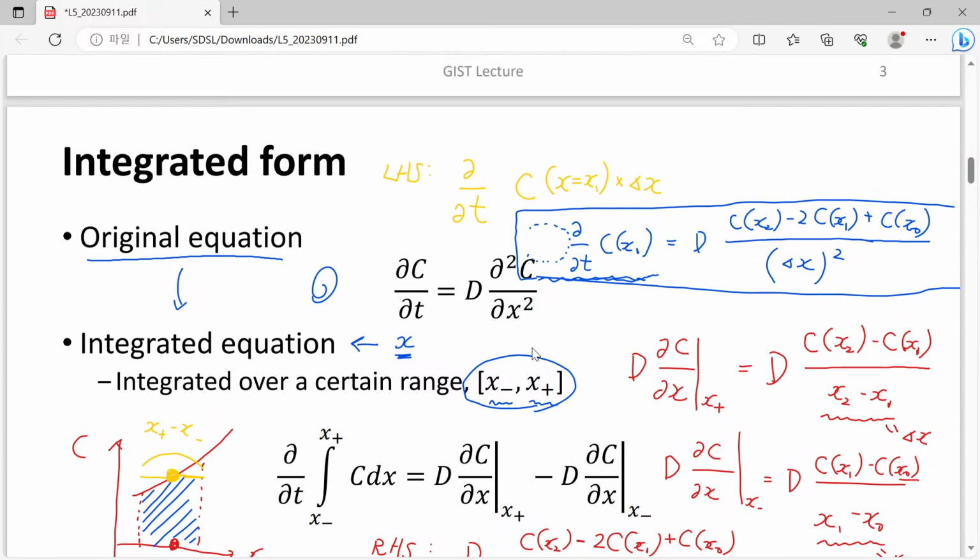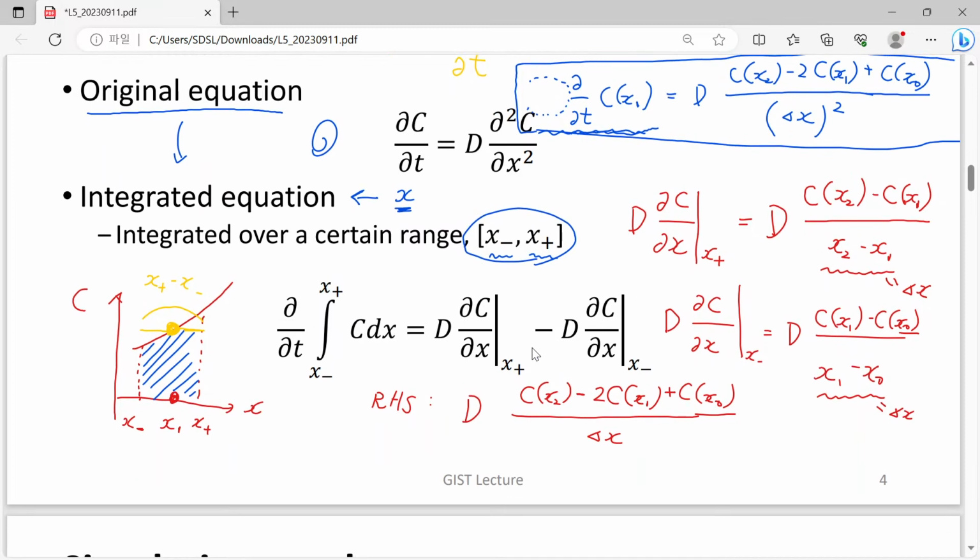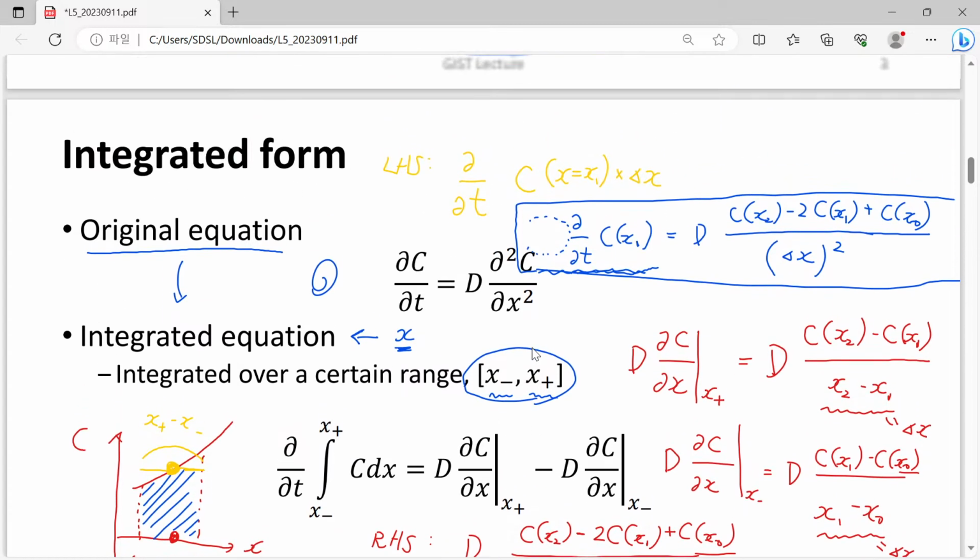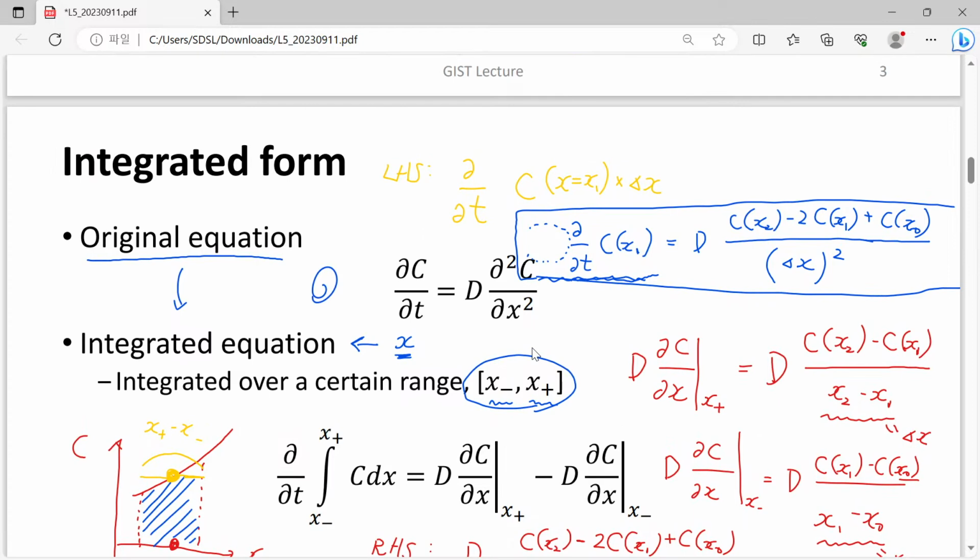So that is my first suggestion. Why are we doing such a complicated thing? The reason is it gives us a general way to treat even non-uniform spacing.